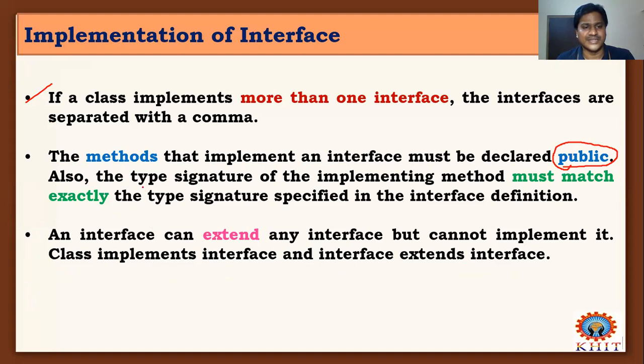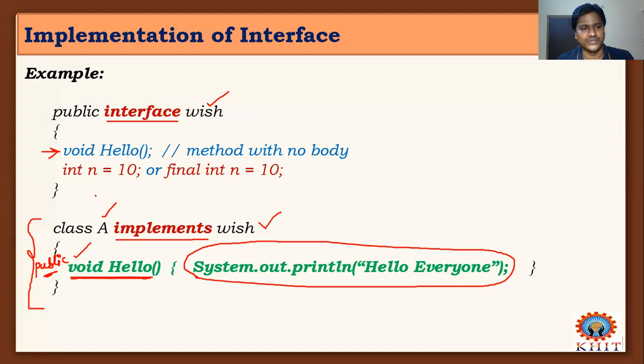And also the type signature of the implementing method must match exactly the type signature specified in the interface definition. If you observe, the type signature specified in the interface is void hello with a parameter list. The same here, void hello with the parameter list should match.